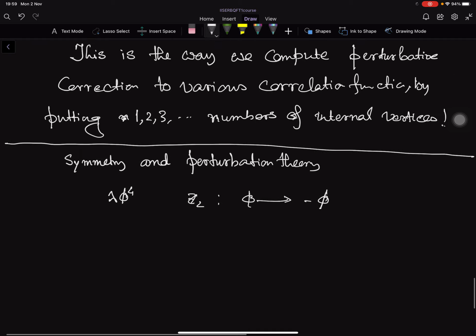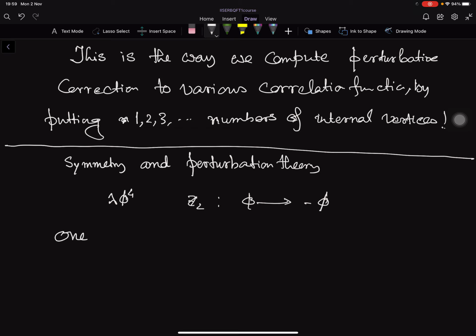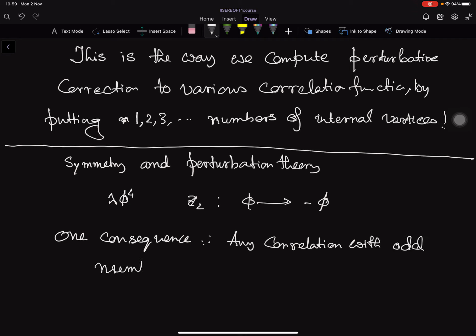Okay, and one consequence is that any odd point correlation, any correlator with an odd number of phi, vanishes.